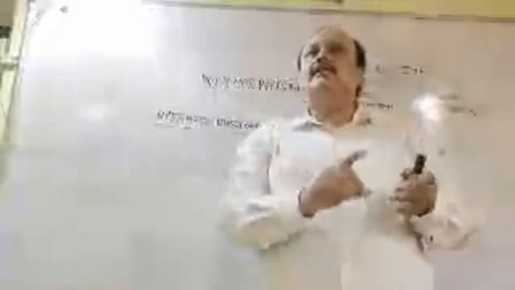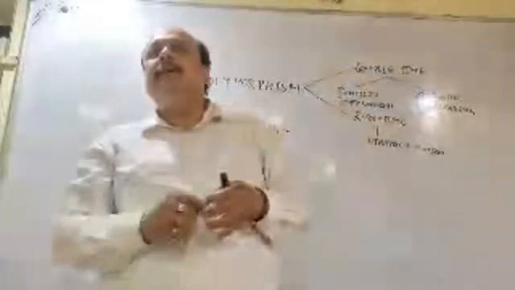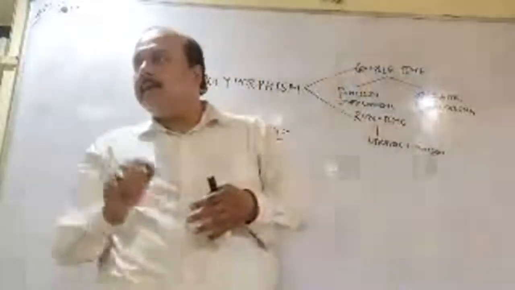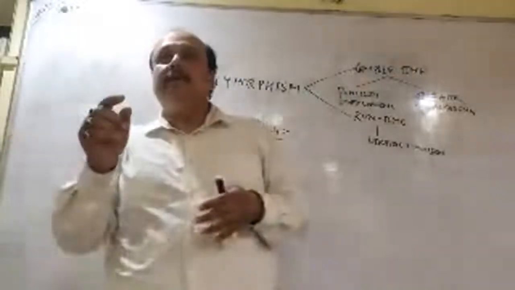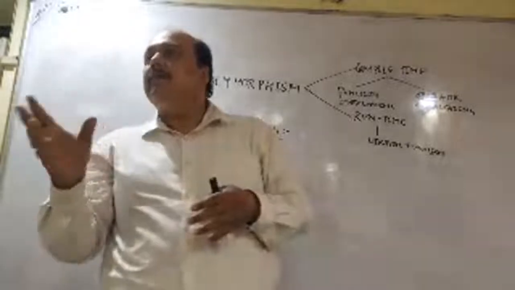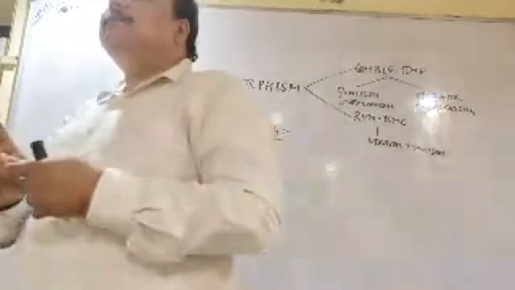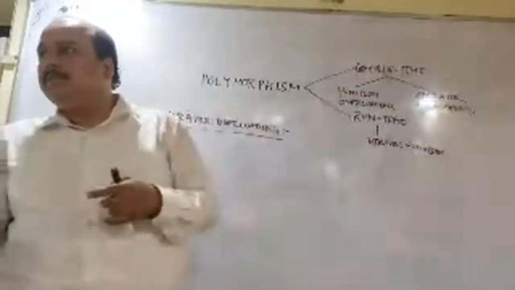Suppose you are taking two parameters and both are of integer type. Then in function overloading, the compiler selects the function in which two parameters are there, and also checks whether both parameters are integer. If both are integer, only that function is selected for processing.